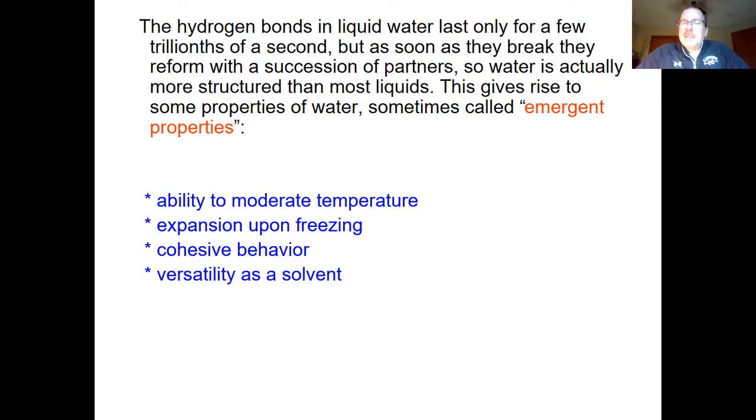It's cohesive. We'll talk about how you get water up to the top of the redwoods, that hydrogen bonding pulling. And it's the universal solvent. Why? Because the only non-polar molecules we have are diatomics and carbon-hydrogen bonds. Everything else is polar, whether it's an ionic bond or a polar covalent bond.